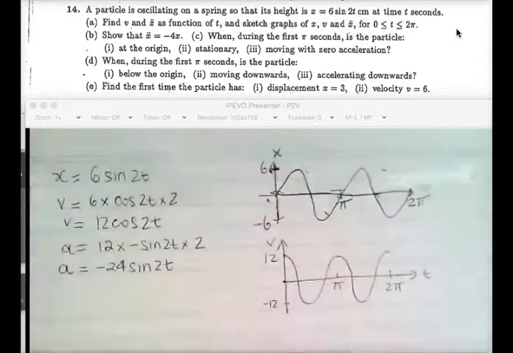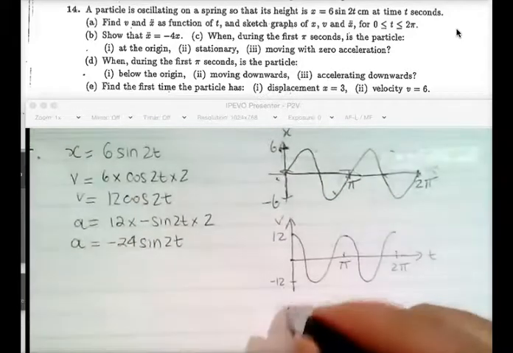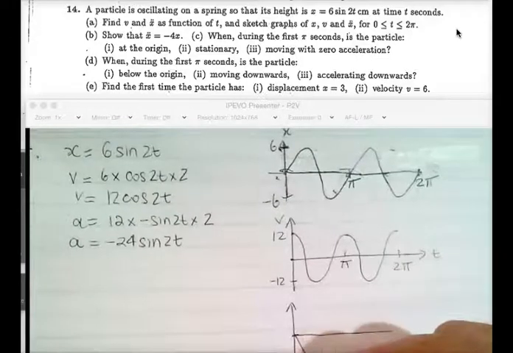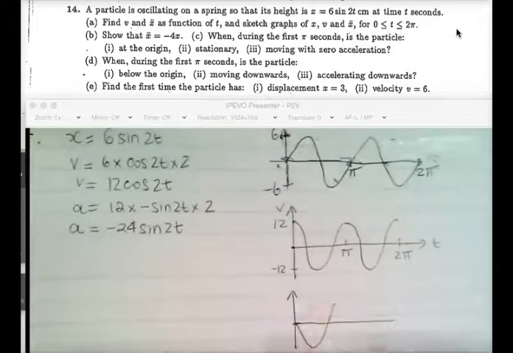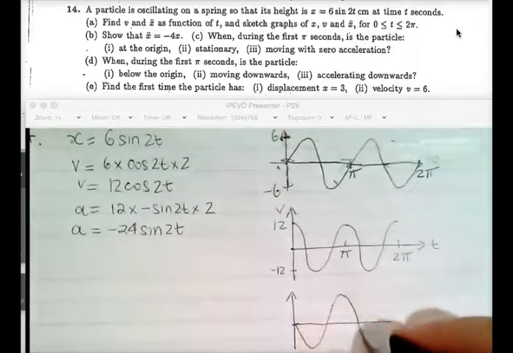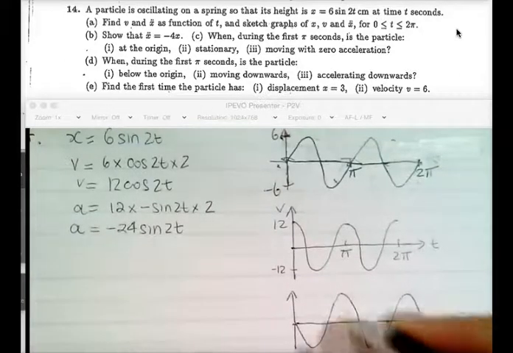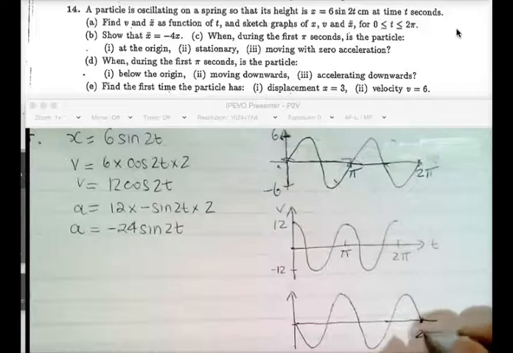That's the acceleration. So drawing an acceleration curve, it's a negative sine curve, so it'll look like this. I just need to get on screen. That's one period, sorry, one cycle.